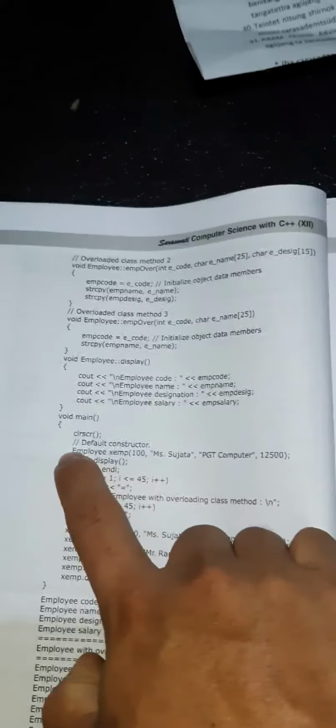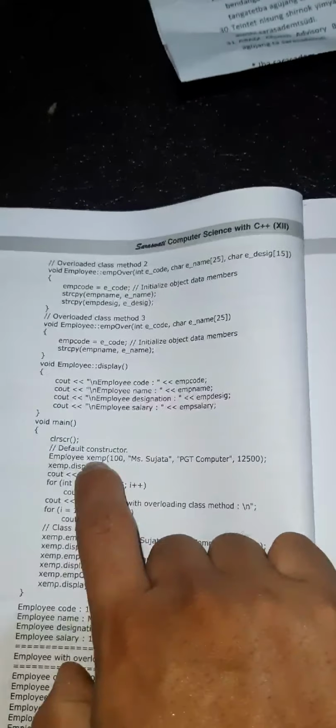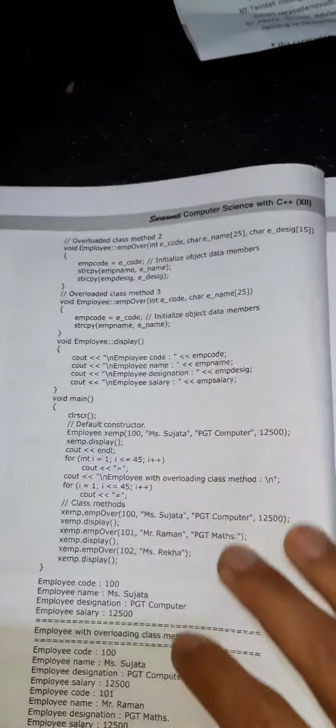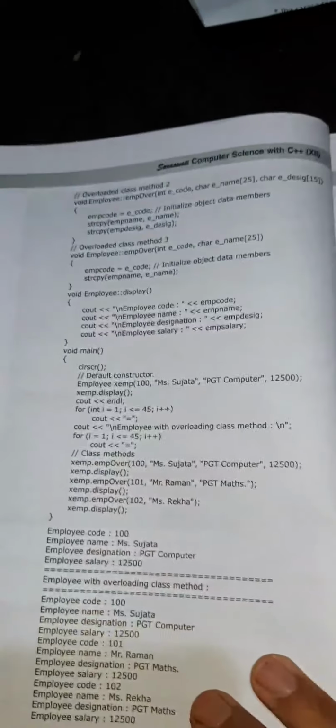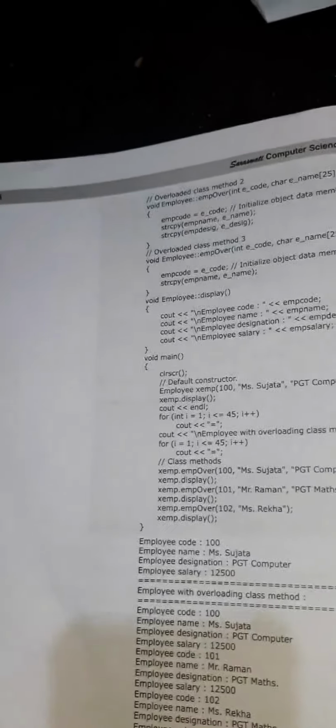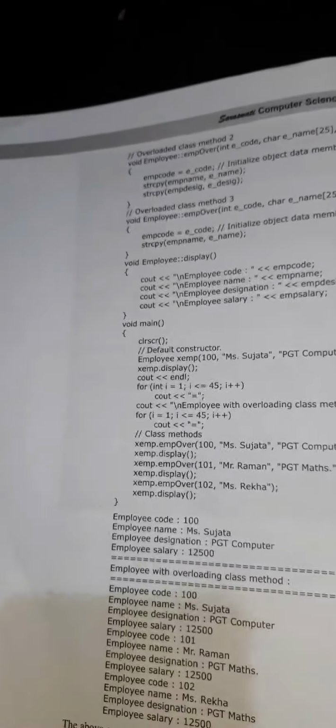Using the class name the object gets declared here, xemb. Now in this textbook, there are some typing mistakes. As you go through the textbook thoroughly, you will see there will be some printing mistakes, so try to correct those errors.